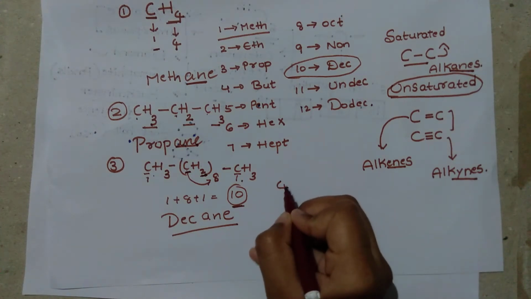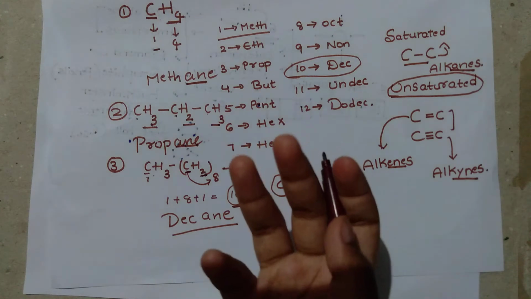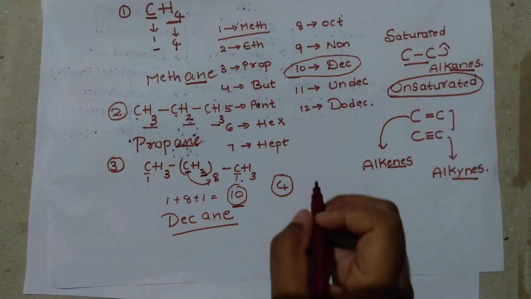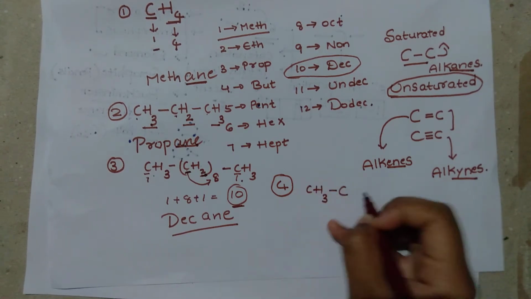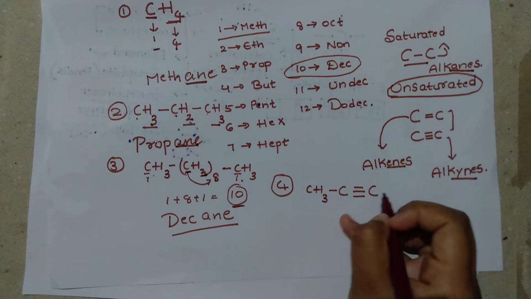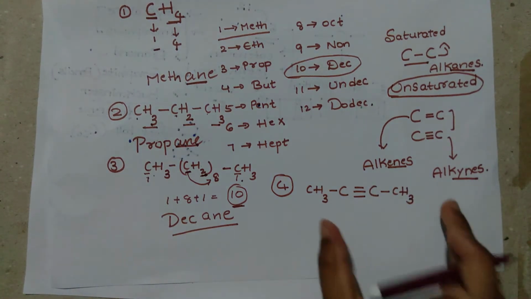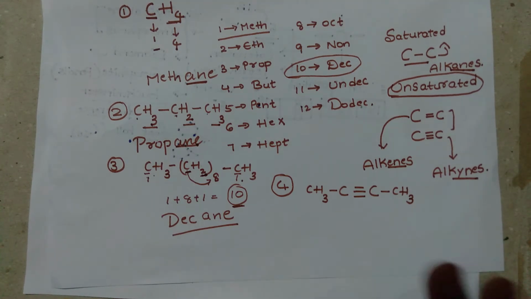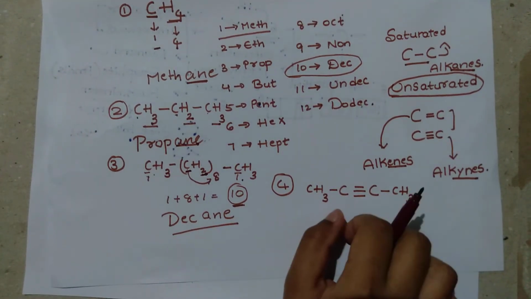So next, going on to the fourth example. Are you ready? Okay. The fourth example is CH3, single bond C, triple bond C, single bond CH3. Name this organic compound. How to name it? First, we have some rules for such types of organic compounds.